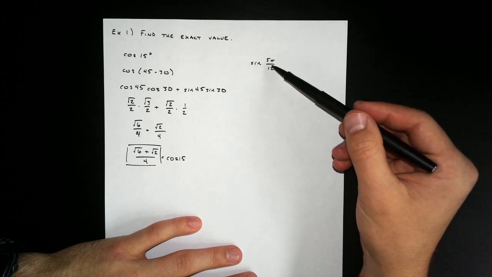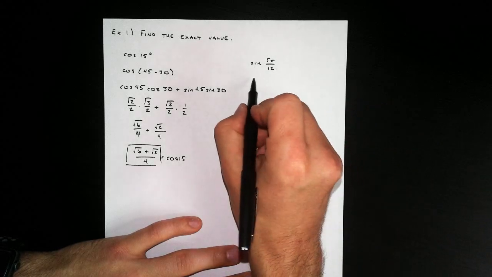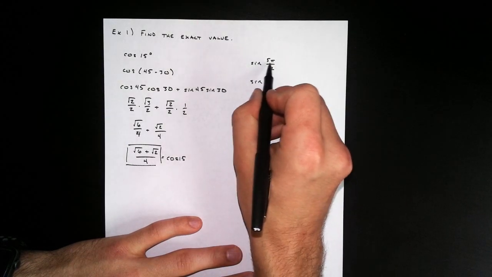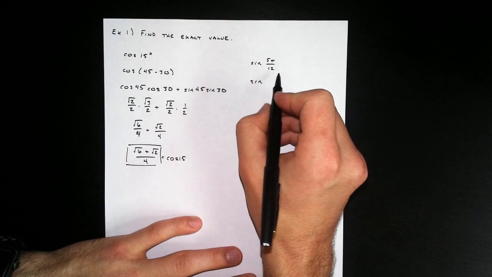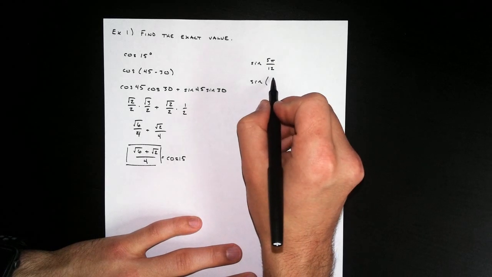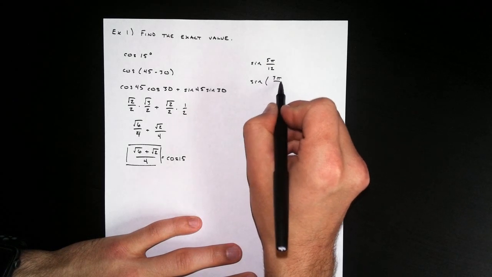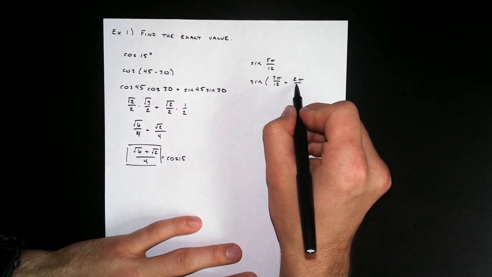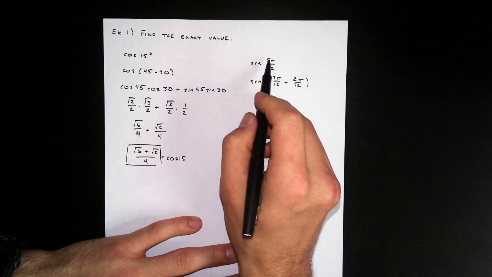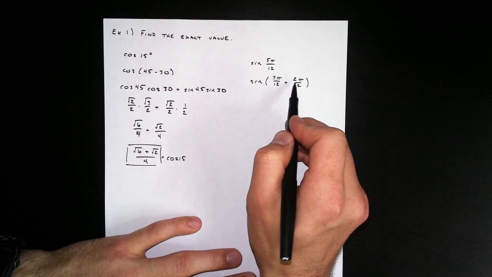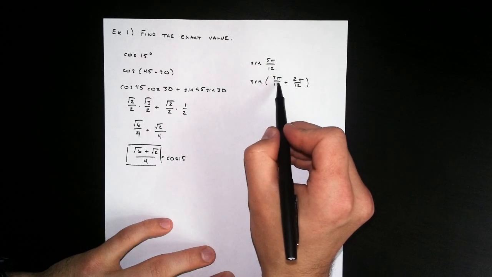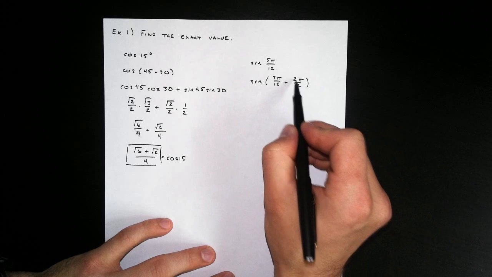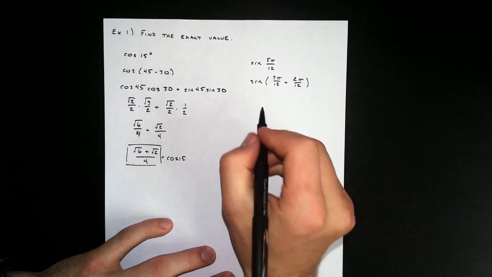So I'm going to take 5 and split that up into 2 parts. If I do 3 pi over 12 and 2 pi over 12, I'm just splitting 5 up into 3 and 2, but I know 3 over 12 simplifies and 2 over 12 simplifies.